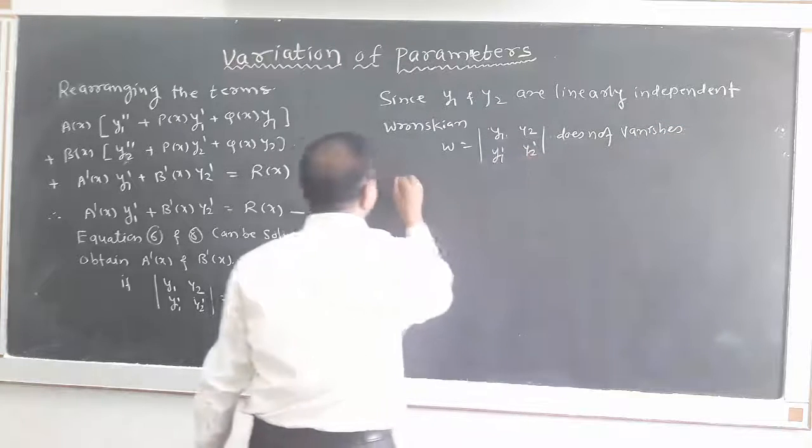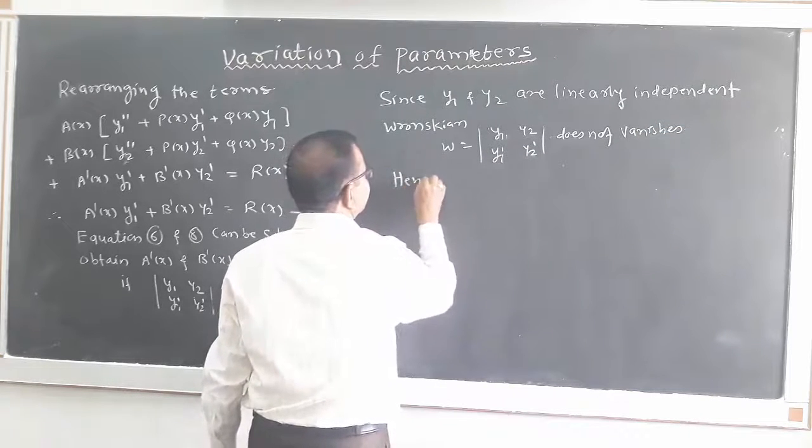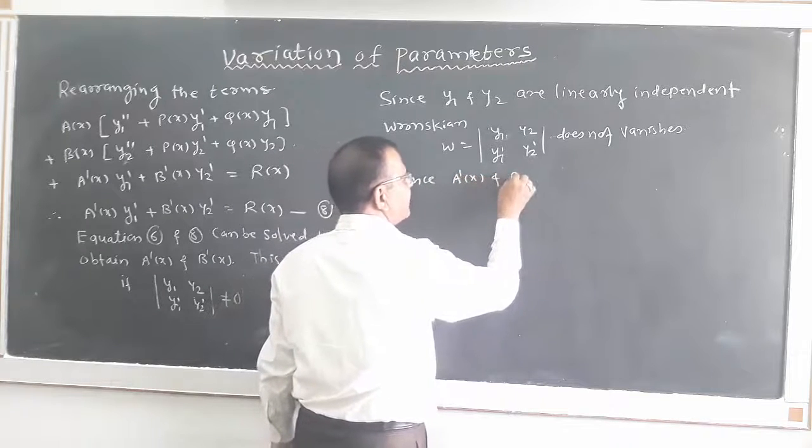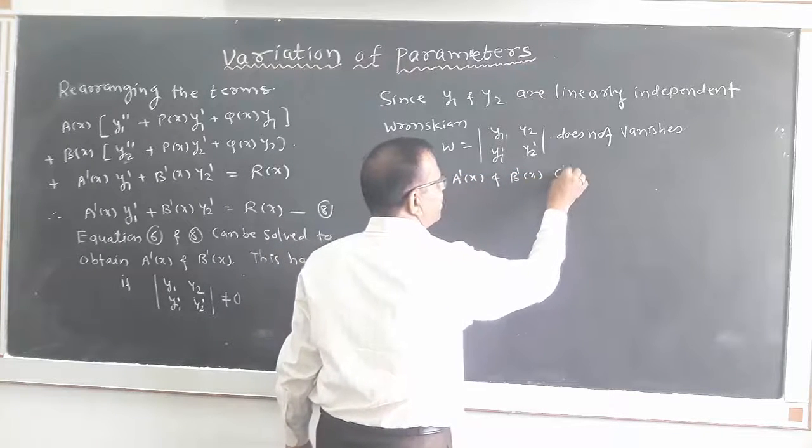And hence a dash(x) and b dash(x) can be obtained.